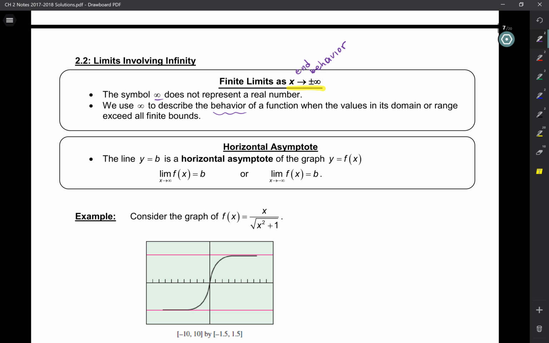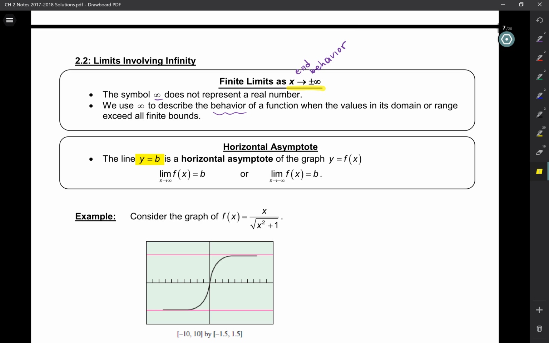The horizontal asymptote is a line, and it's a horizontal line, and it's y equals a number, because all horizontal lines have y equals something as their equation. This is why when you have to write an equation for a horizontal or a vertical line, and it's supposed to be y equals 4, but you wrote x equals 4, it's completely wrong. All right, because horizontal and vertical lines in calculus especially have a huge significance.